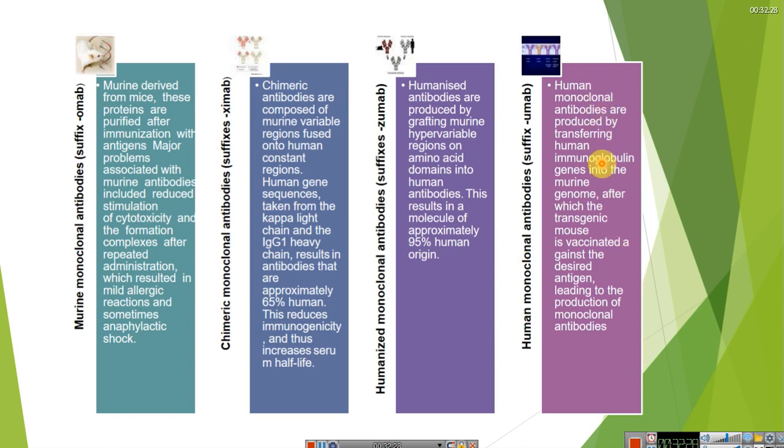Now human monoclonal antibodies are produced by transferring the whole rearranged human immunoglobulin genes from naive cells into the murine genome. Although in chimeric and humanized we are also producing transgenic mice, here we are transferring the whole gene into the murine genome, before which we have knocked out the mouse counterpart. Then we vaccinate the mice to get the desired antibody against the particular antigen. That way we produce human monoclonal antibodies.